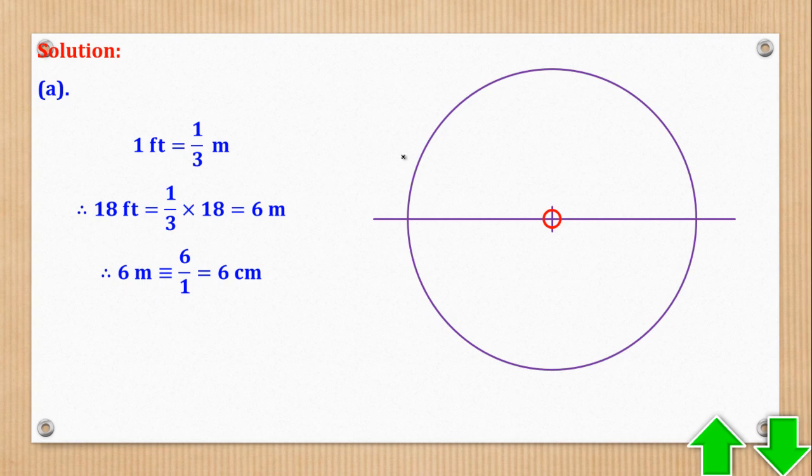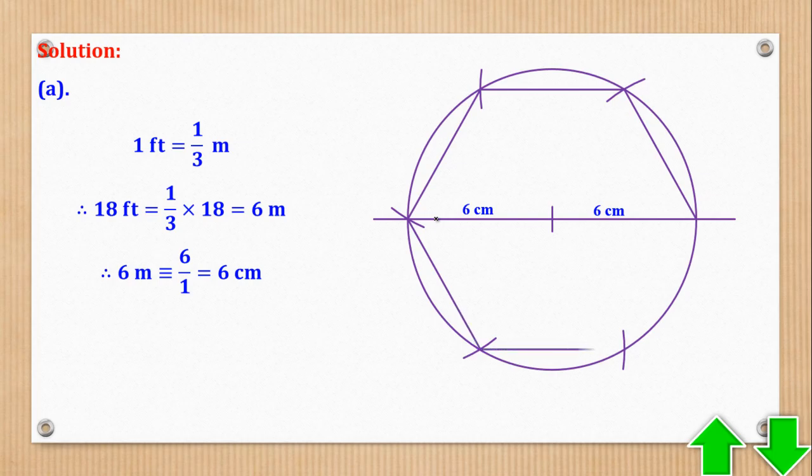Then maintaining the same radius, put the needle here and make that arc, put the needle there, make this arc, and so on around the circle. Then you can now join to get your hexagon, as simple as that. Then it told us AB should be horizontal, so when you're labeling, we make sure that AB is horizontal.